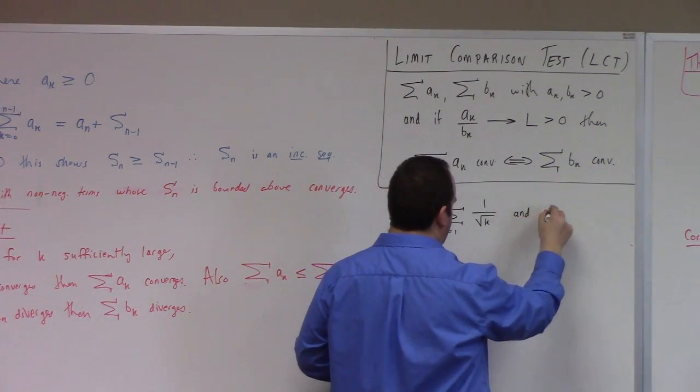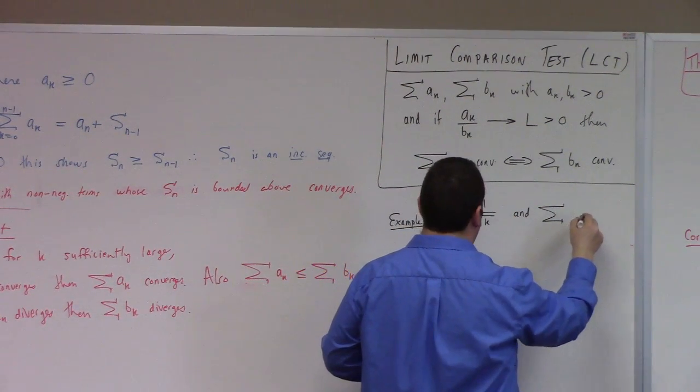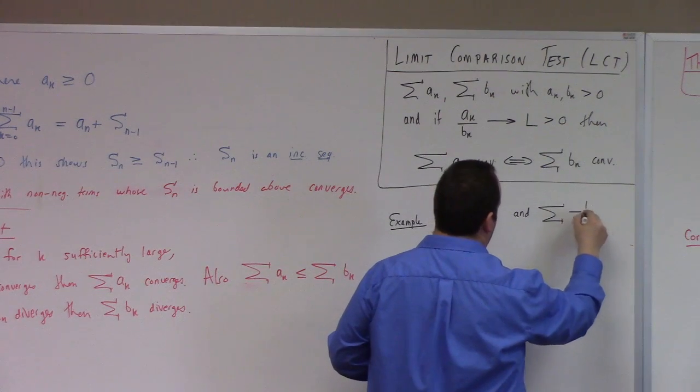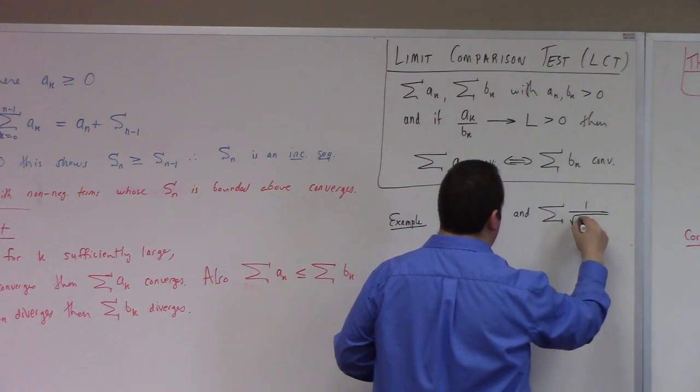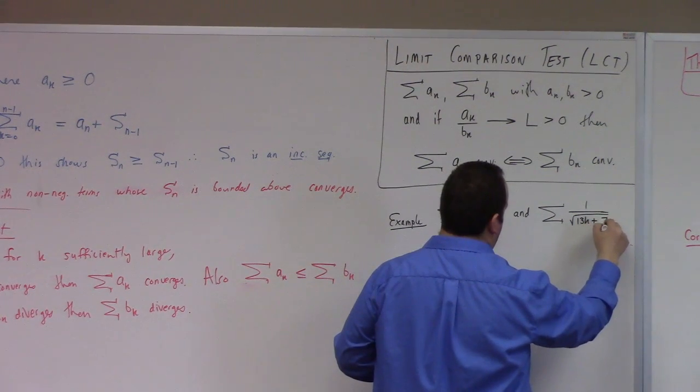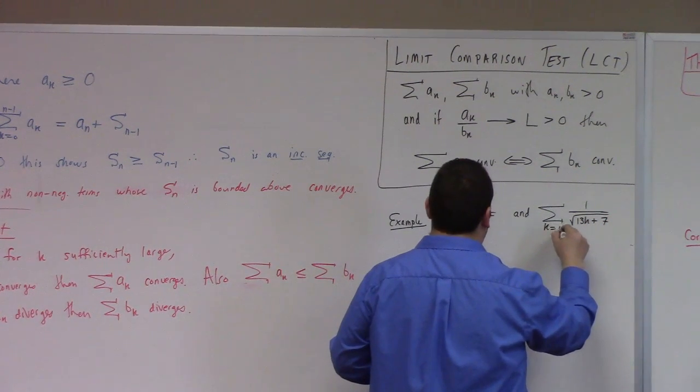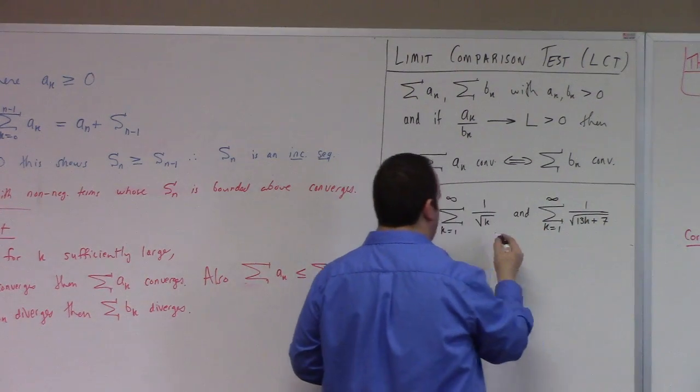And if you look at the sum of 1 over, I don't know, the square root of 13k plus 7. This isn't the most powerful example I can think of, but maybe it's a decent one.